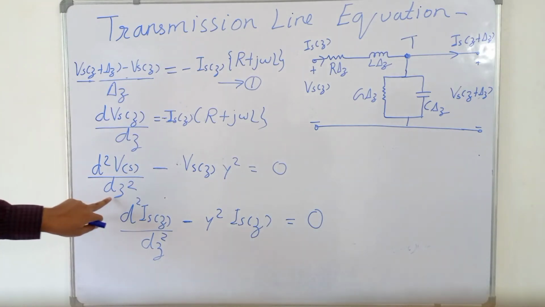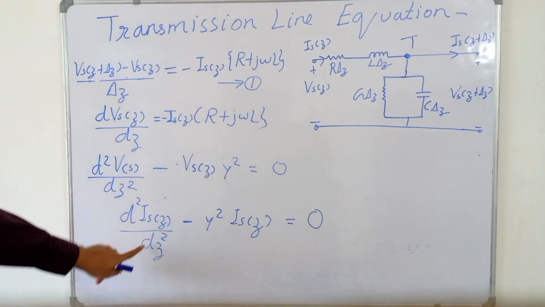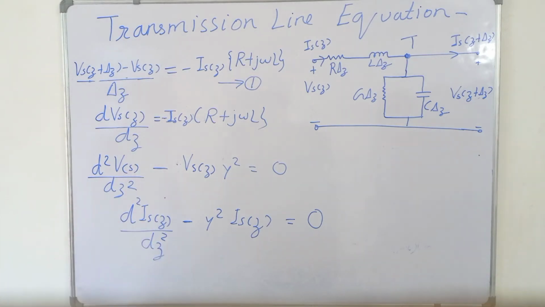d square Vs of z upon dz square minus gamma square Vs of z equal to 0, and d square Is of z upon dz square minus gamma square Is of z equal to 0, where gamma is your propagation constant.